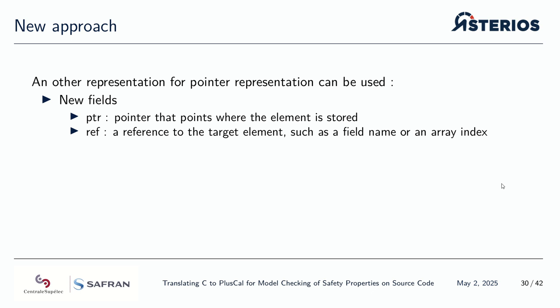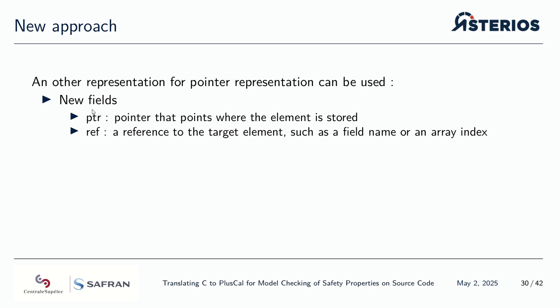So we define another representation for pointers, but it will not replace the previous representation that I presented. It will be added to it. So we will have pointers that use the first representation with the location, the frame pointer, and the offset, and we will have other pointers that use this new approach. This new representation uses new fields.